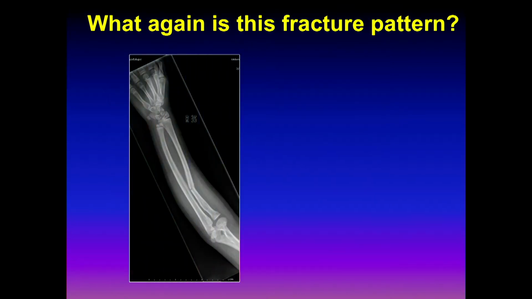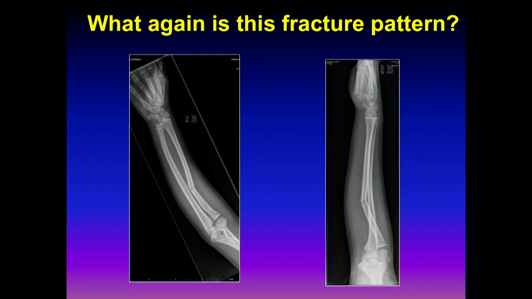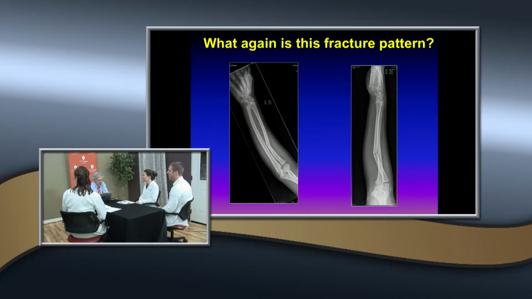Now, again, what's this fracture pattern? Greenstick, apex volar. Yes, and what else? Apex volar supination. So how are you going to treat that one? I will pronate it and put a mold on the apex. Yes, right.